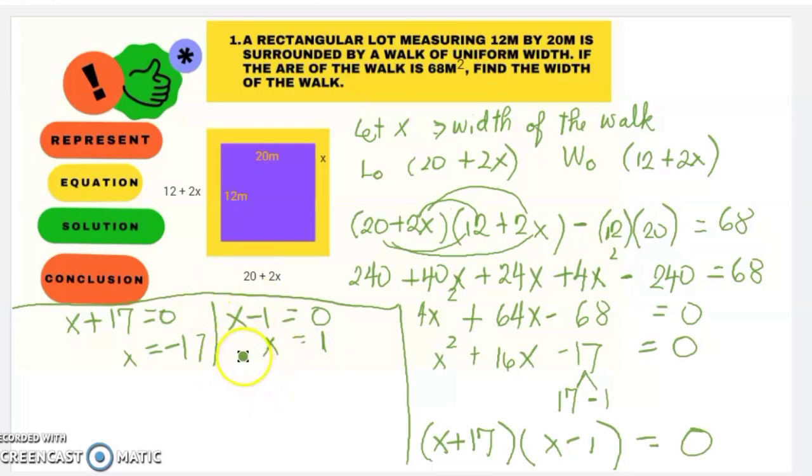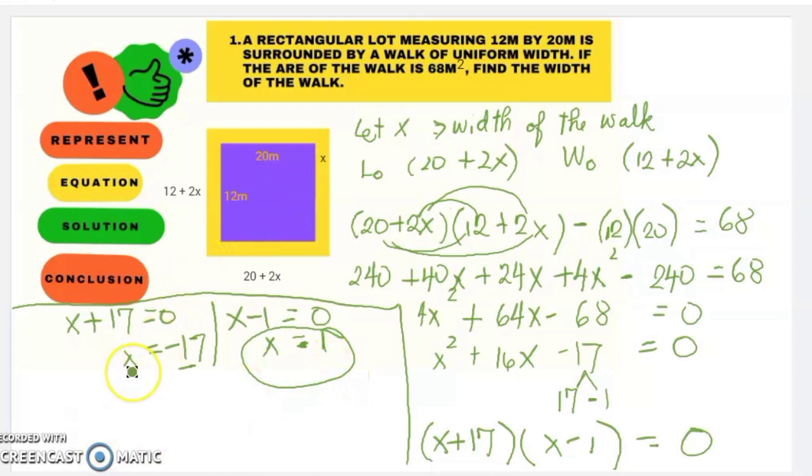Okay. So, the solution x equals negative 17 is not possible since we are referring to the width of the walk. Tama? Thus, x equals 1 meter. So, ito lang yung ating i-consider. x is equal to 1, yung positive. Naintindihan?